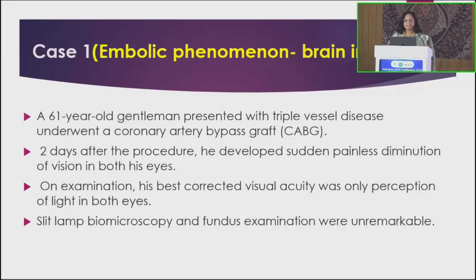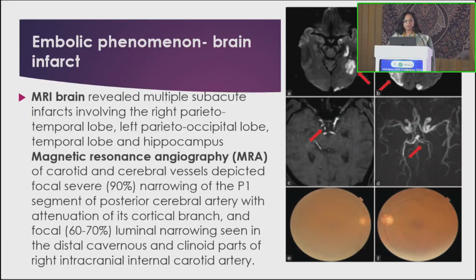The first case is a 61-year-old gentleman who had triple vessel disease and underwent a coronary artery bypass. After 2 days, when he regained consciousness and came off the ventilator, he developed a total loss of vision in both eyes. It was only perception, and he was very disoriented, and it was very difficult to get the examination done, and everything was unremarkable as far as ophthalmology is concerned.